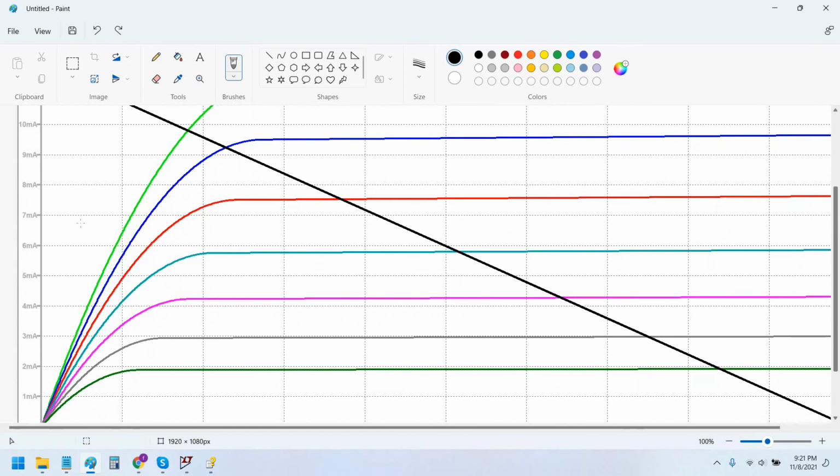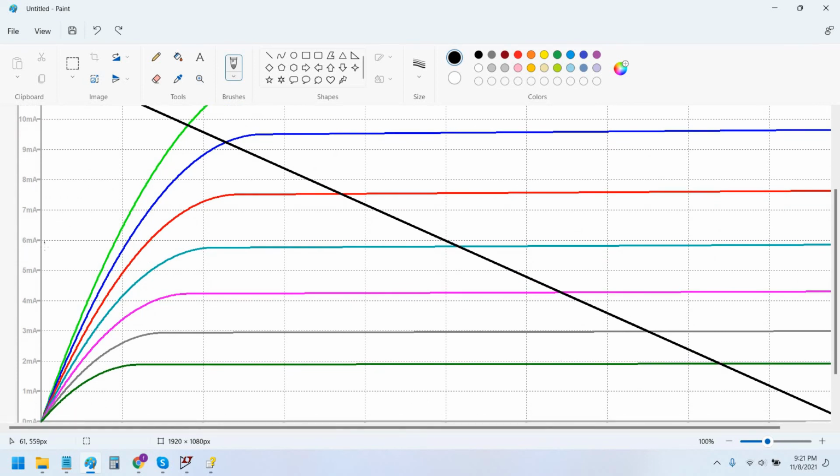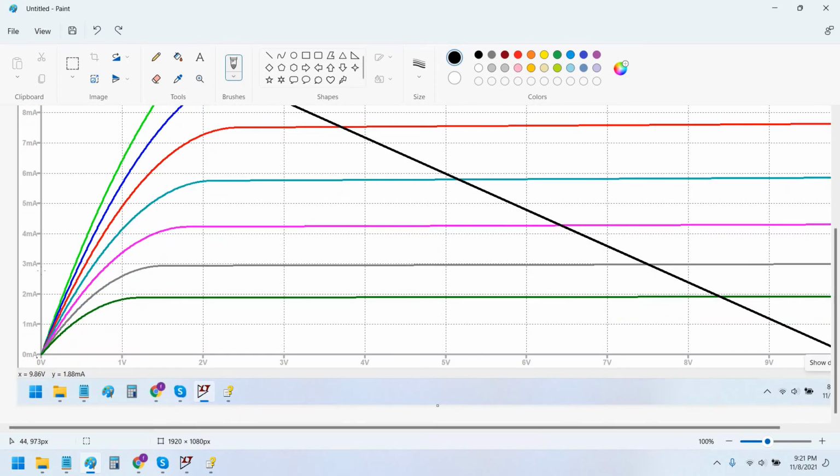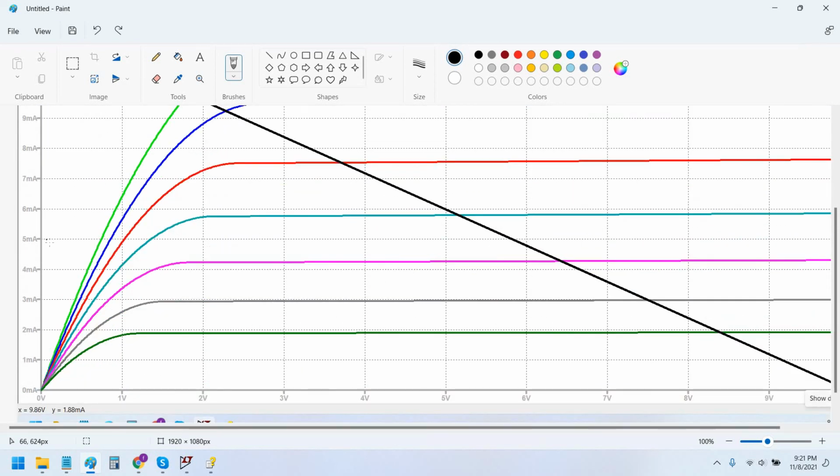In my opinion, the IDS would also be somewhere in between the maximum and the minimum scale, that is 0 milliampere and 12 milliampere.